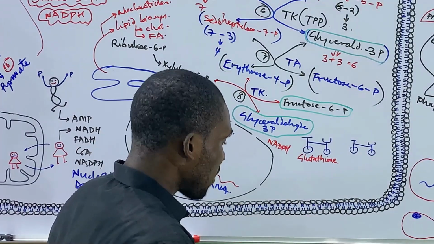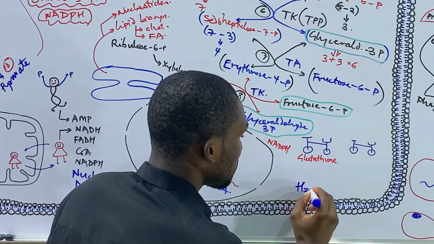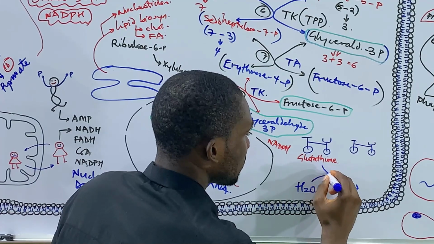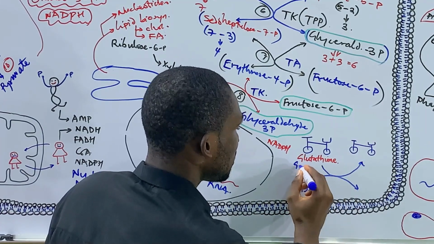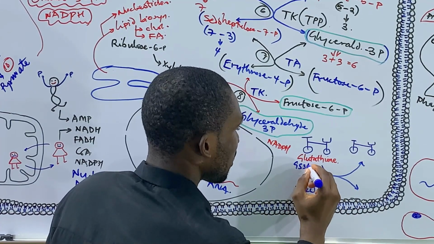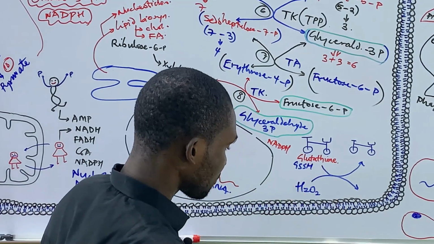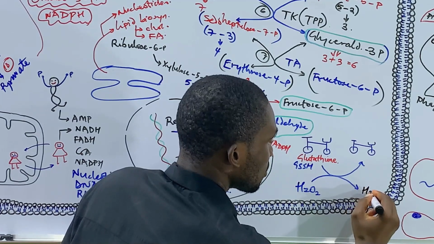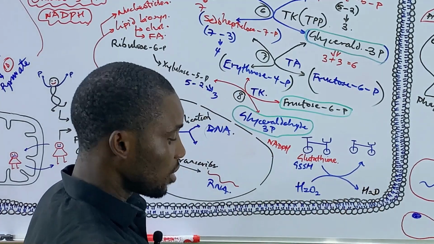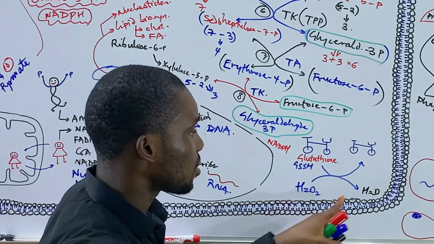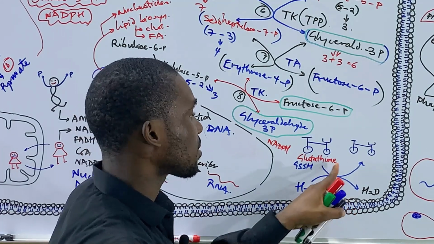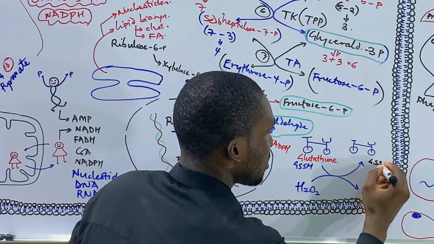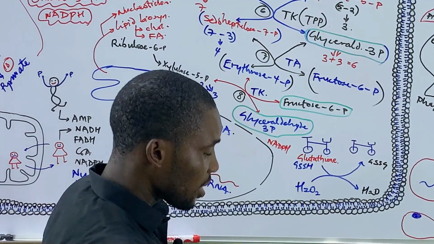So let's assume we have a free radical, let's say hydrogen peroxide, in the presence of reduced glutathione, GSH, right? It is converted to water. So the glutathione reduces hydrogen peroxide to water and itself is oxidized to an inactive form as your GSSG.